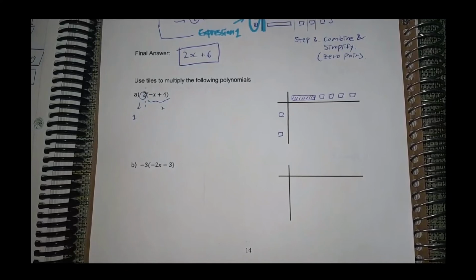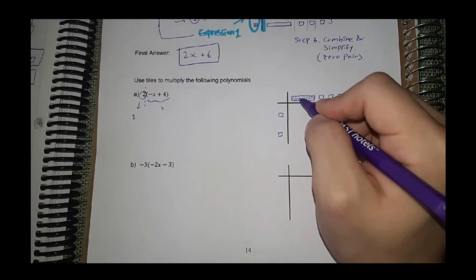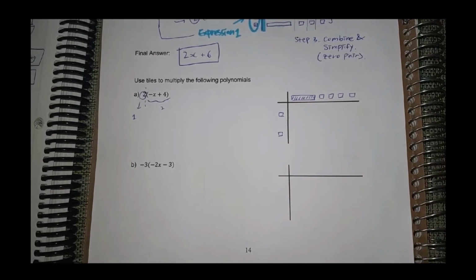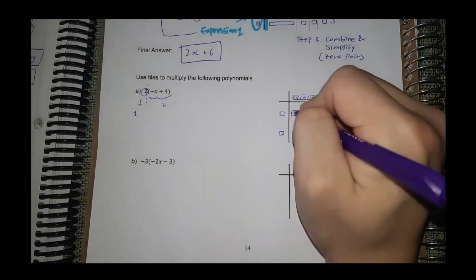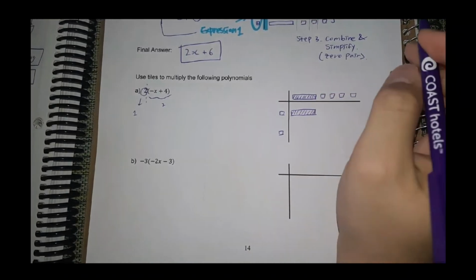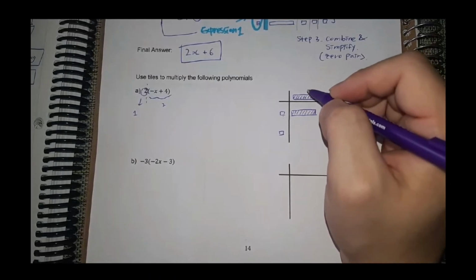Now, at this point, what you need to do is basically match colored and non-colored, or filled and empty. I want you to combine them. Then think about it, negative times positive is basically what I'm asking, and you will have negative, because negative 1 times positive 1 gives you negative 1 when you multiply.